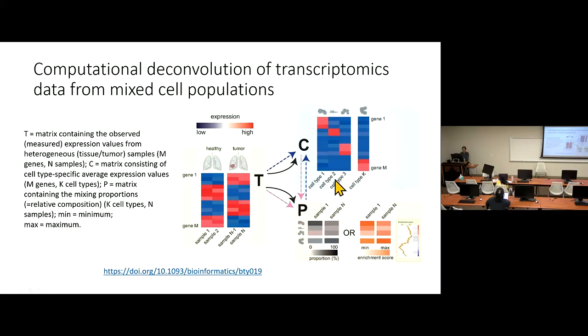So if you do this decomposition, you will tell each sample how many different cell types are in it. Okay, so they play with matrices, multiplication, and decomposition in different ways.